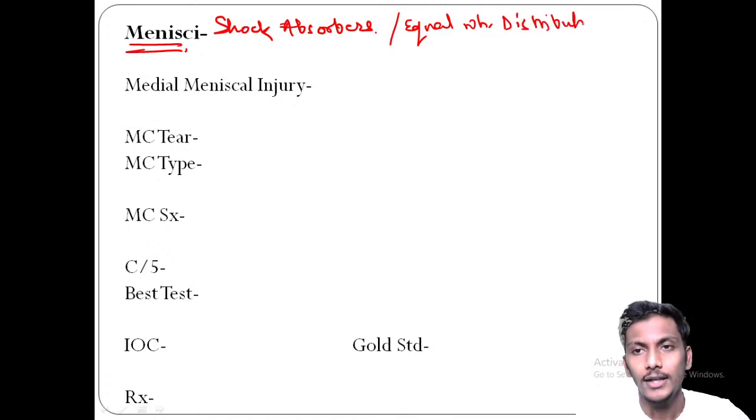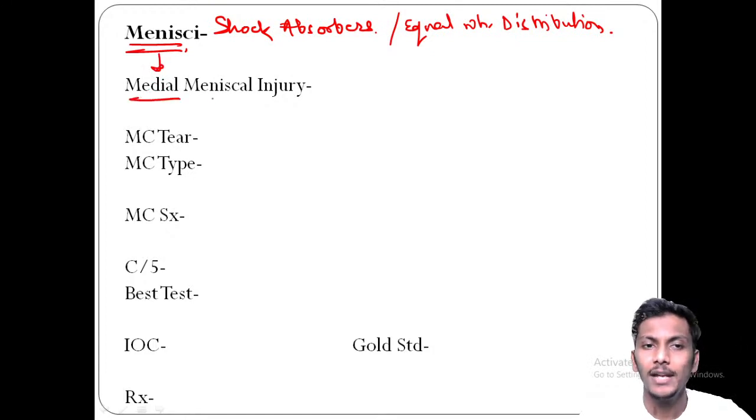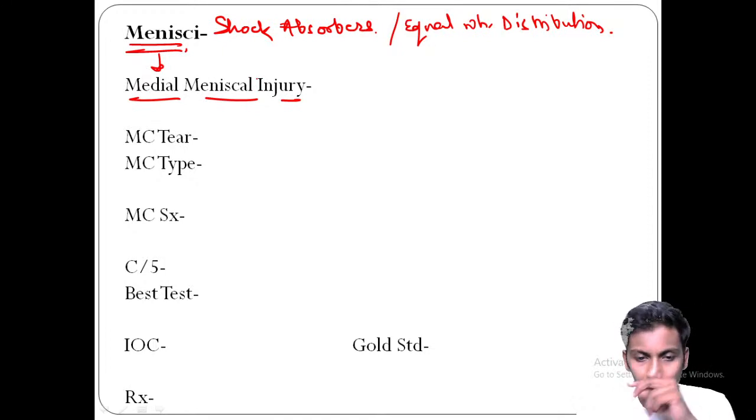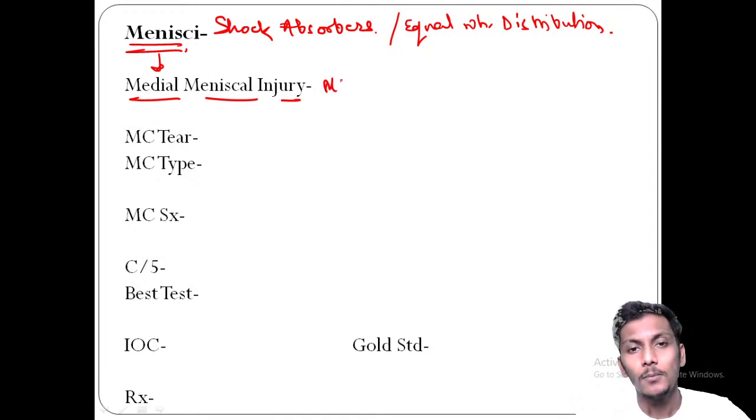Now, we have two menisci, medial as well as lateral. Which is the most common meniscal injury? Please remember, medial meniscal injury is the most common meniscal injury. Also remember, it is the most common soft tissue injury in the knee.